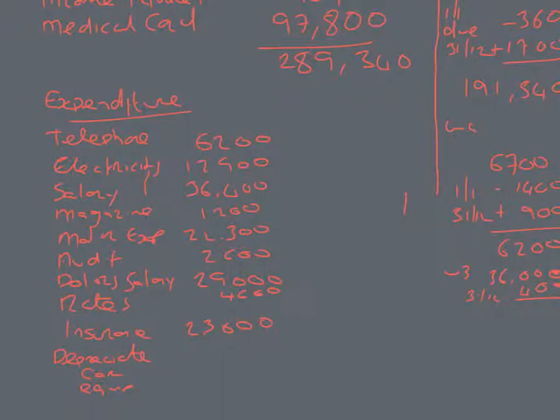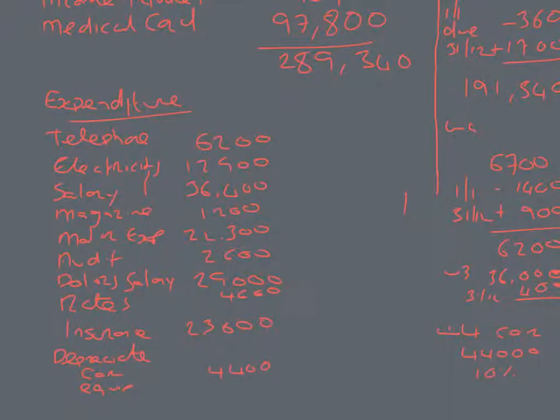So the value of the car, we can see from the question, at the start of the year was 44,000, and that's to be depreciated by 10%. So we just multiply that by 10%, gives us 4,400. So it's only the depreciation amount that goes in, 4,400.